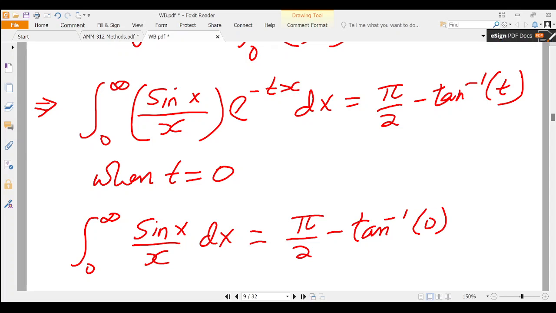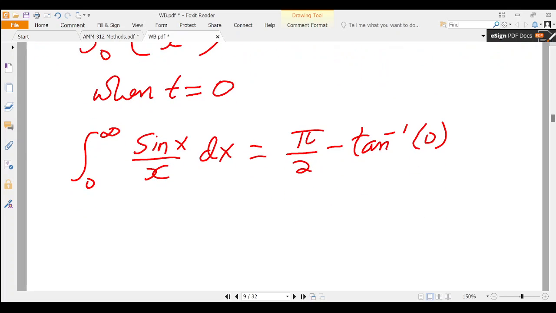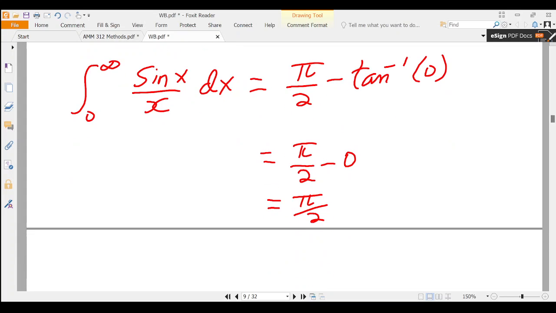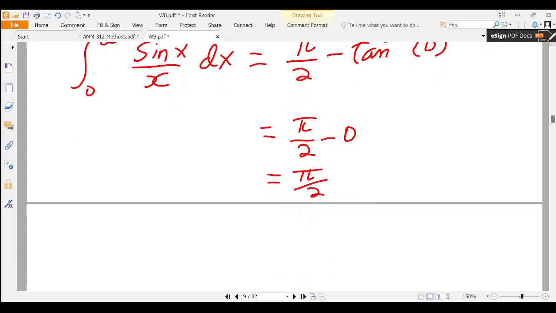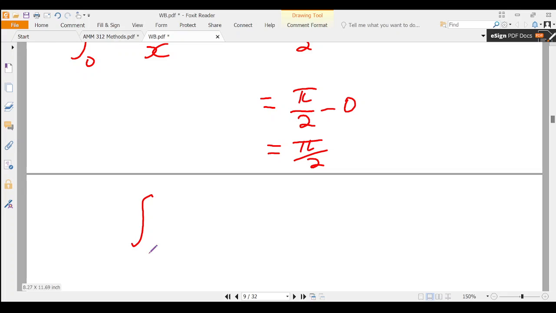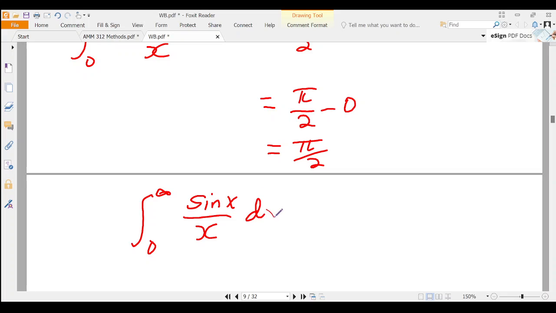But tan inverse of 0 is 0, and therefore this becomes pi over 2 minus 0, which is equal to pi divided by 2. So the integral from 0 to infinity of sine of x divided by x is equal to pi divided by 2.